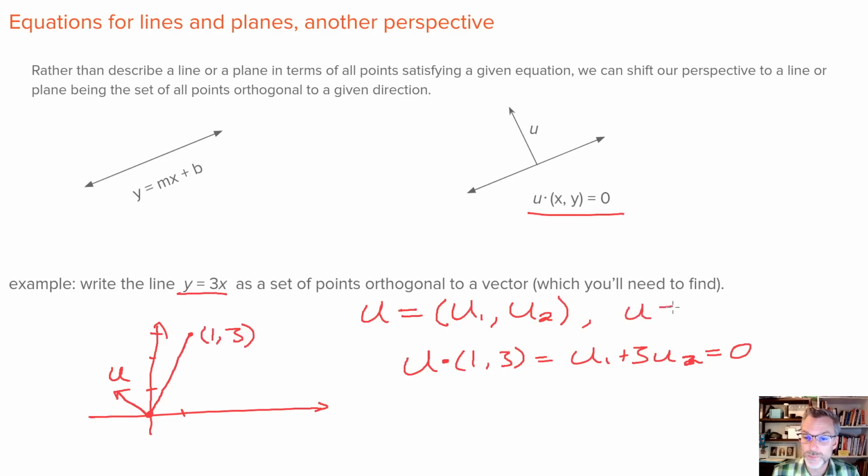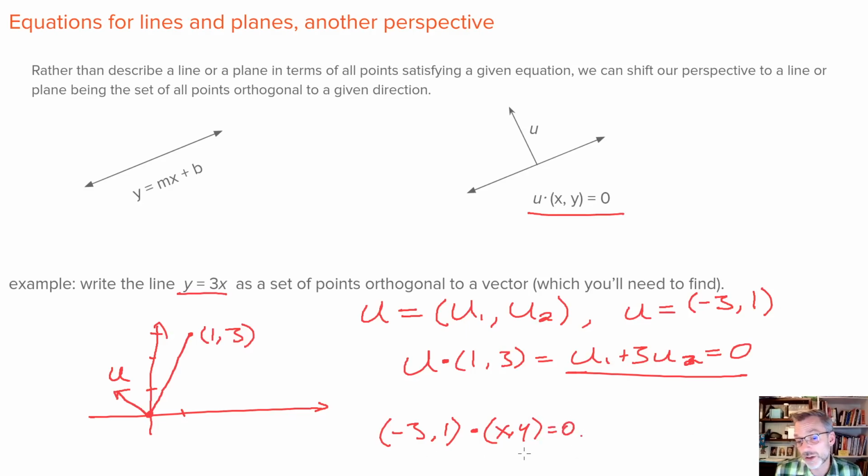Okay. So I could pick, for example, -3 for u1 and 1 for u2. And that will satisfy this condition. Now to write out the line, all I have to do is just take my (-3, 1) and dot it with (x, y), set that to 0.